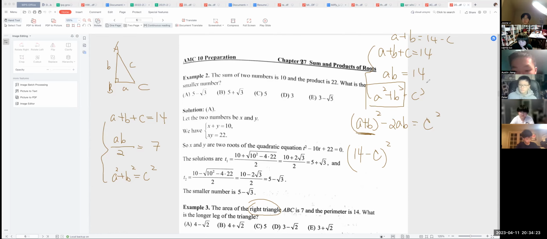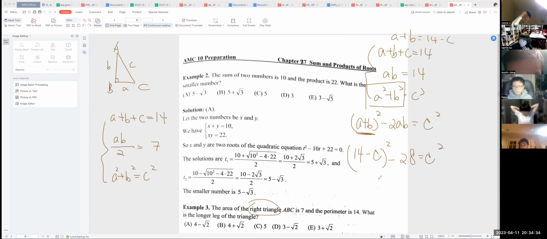Get it? And because AB equals 14, 2AB equals 28, so 14 minus C squared minus 28 equals C squared. Get it, everybody? So by doing this, I reduced the equation to only have the variable C. So that's why C equals what? Very quickly, C equals 6.